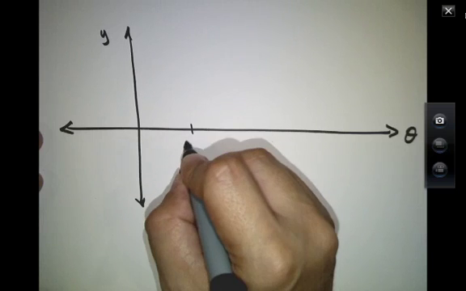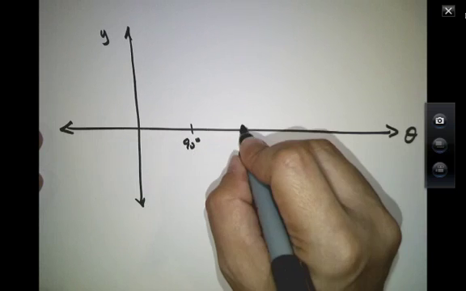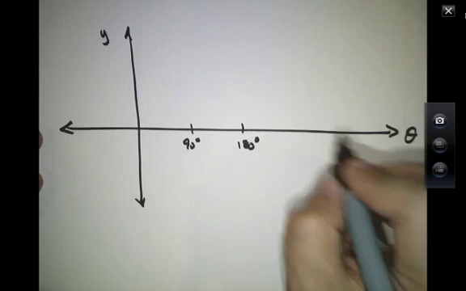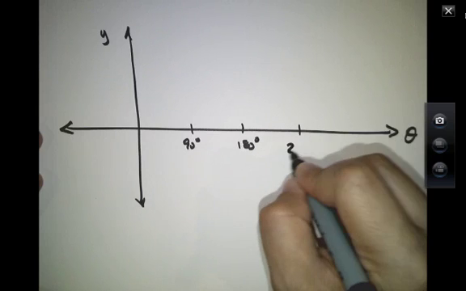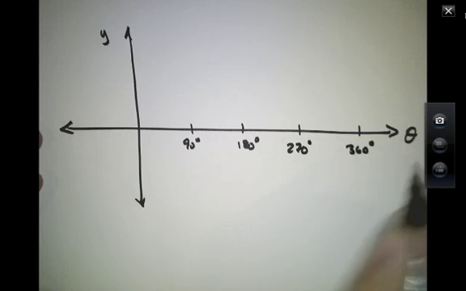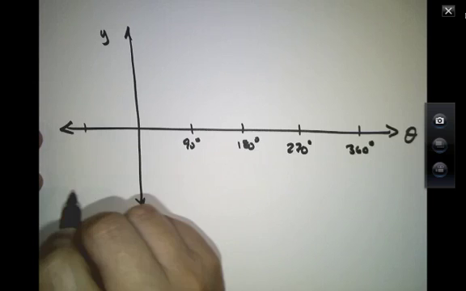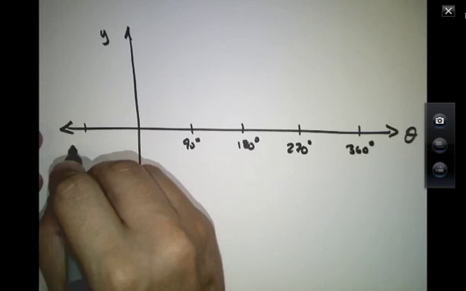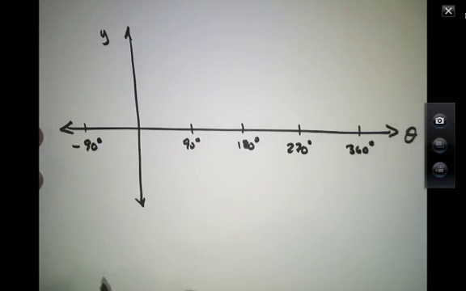This might be 90 degrees, 180 degrees, 270 degrees, 360. This would be minus 90 degrees.